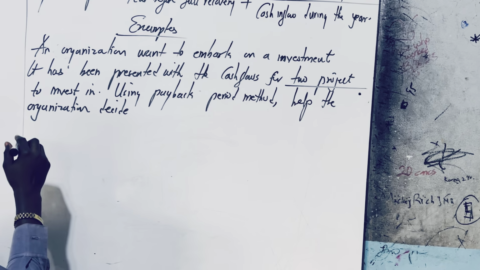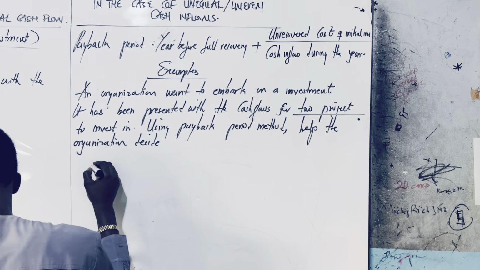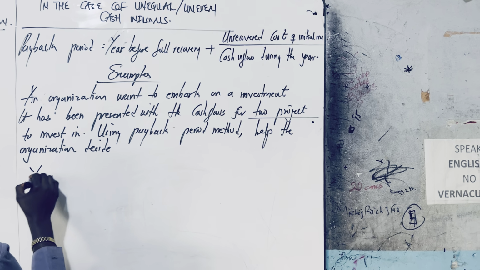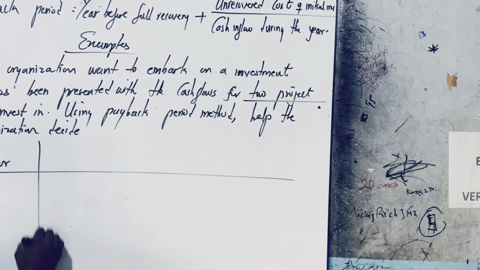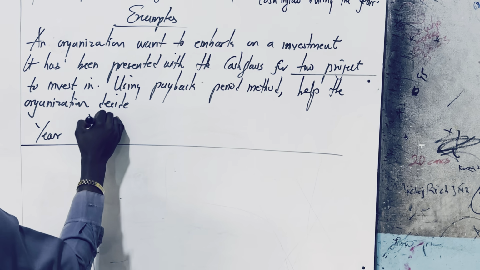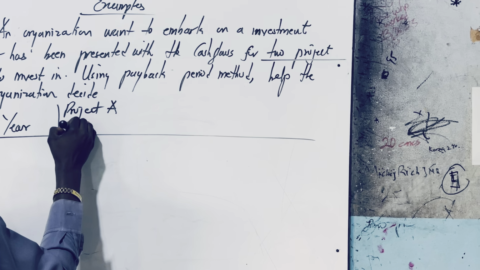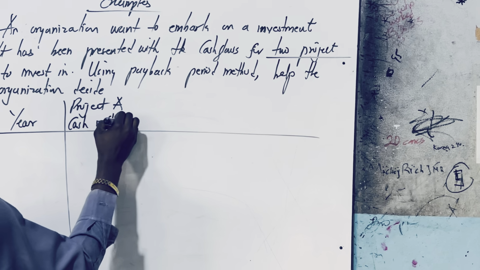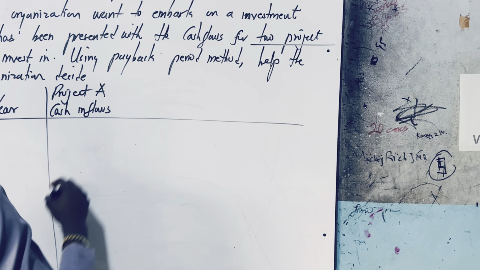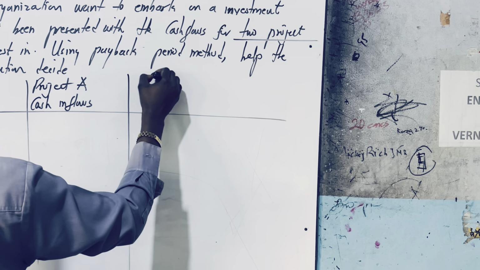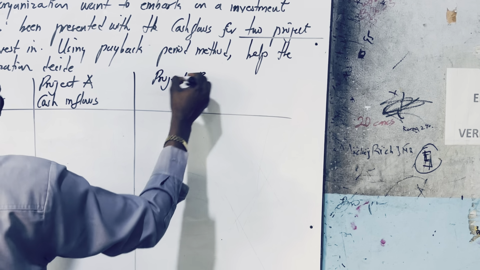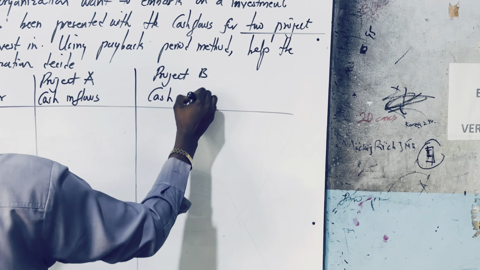So we have a table here. We have the year, we have project A cash inflow, and then also we have project B cash inflows.